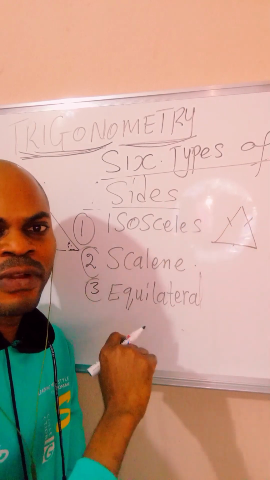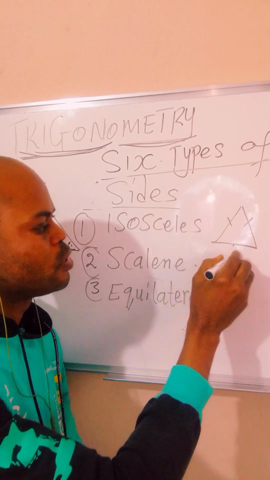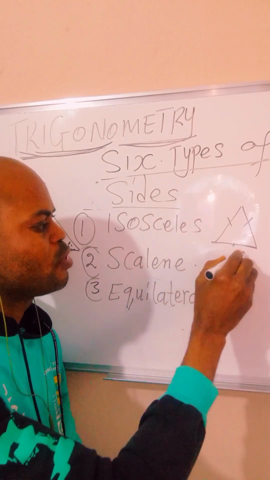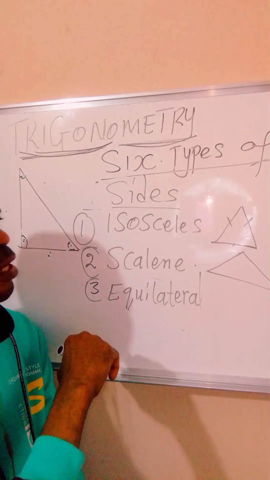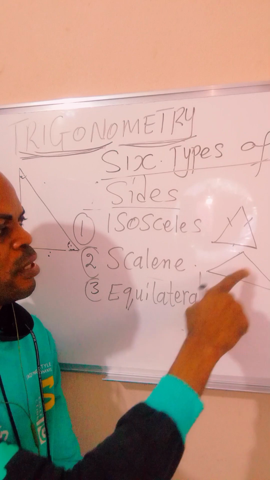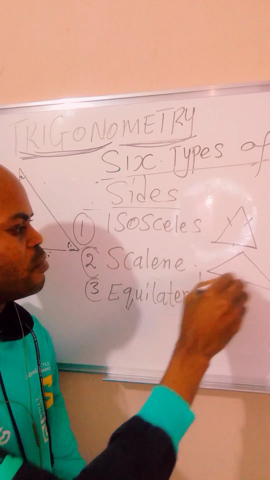What is a scalene triangle? A scalene triangle is simply a triangle that has none of its sides equal. Either the side is longer, or the side is shorter. What is an equilateral triangle?